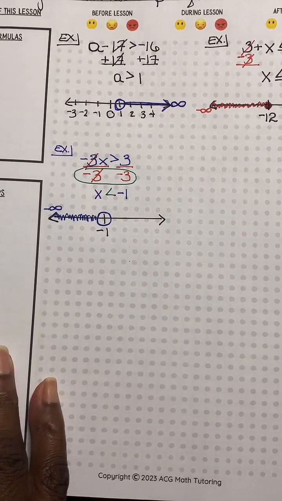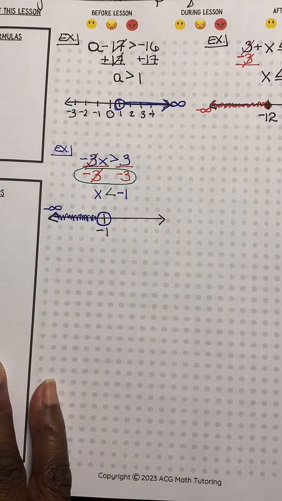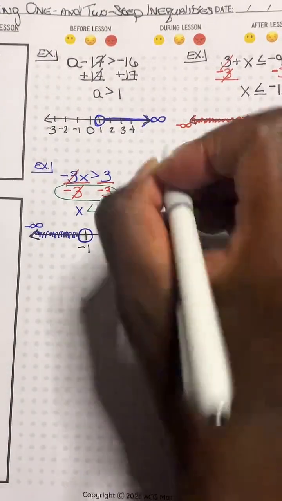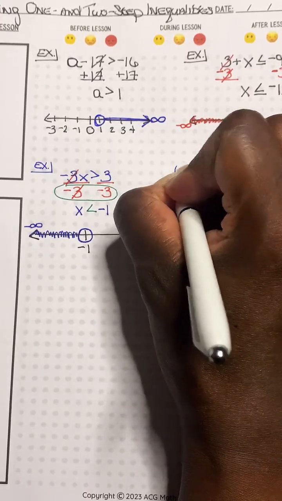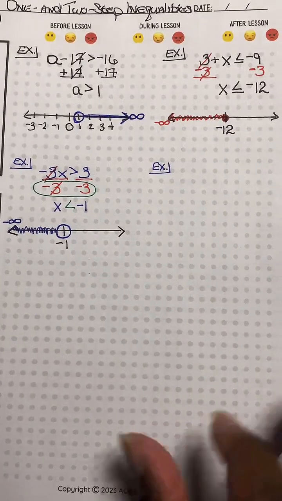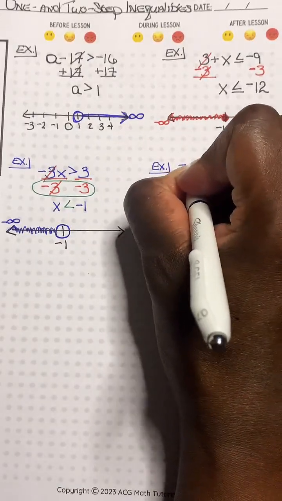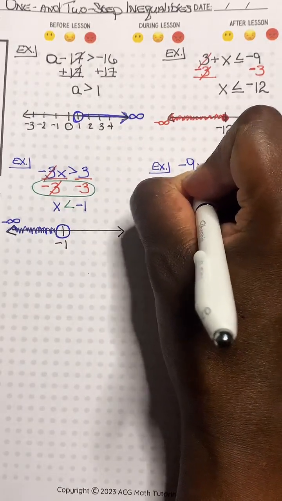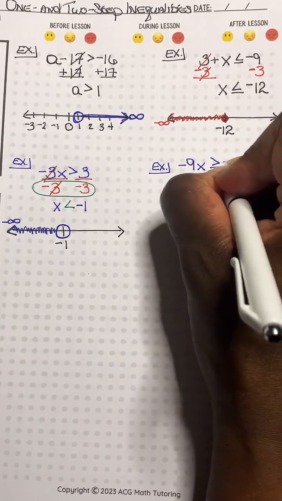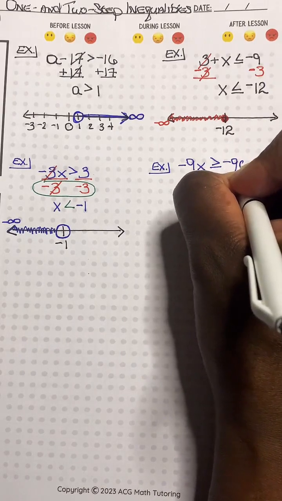All right, so let's take a look at this one. We have negative 9x is greater than or equal to negative 90.